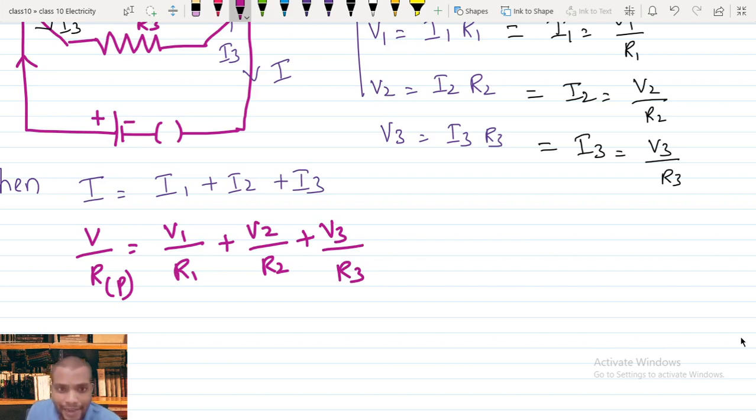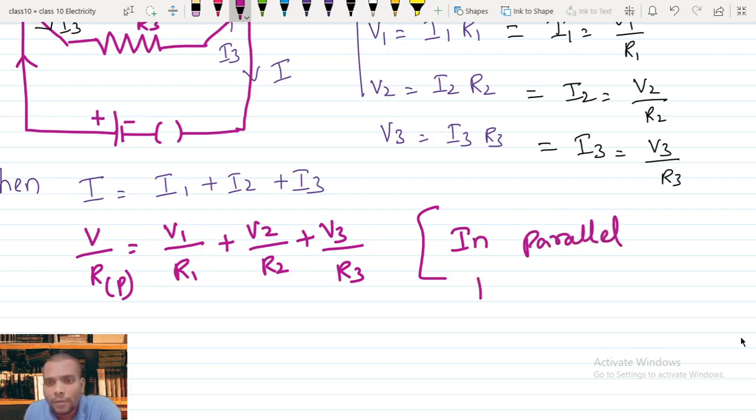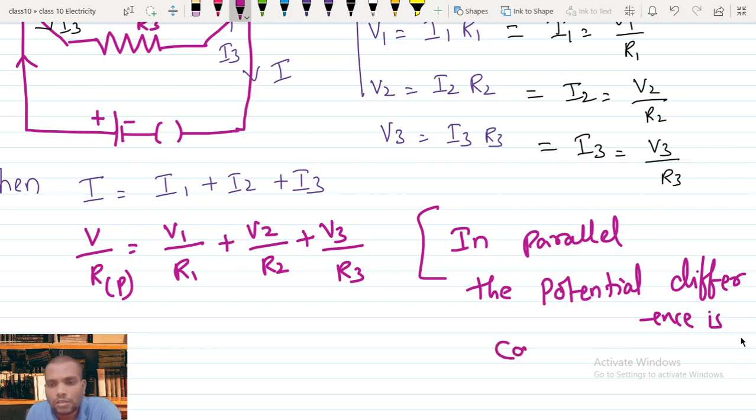But we saw that in parallel connection, the potential difference is constant. This is a very important point in the derivation.